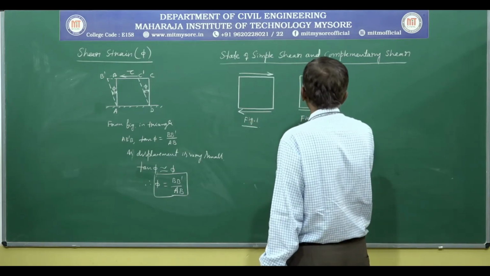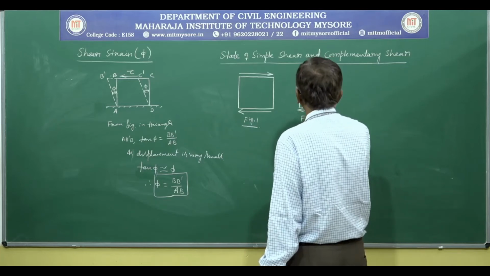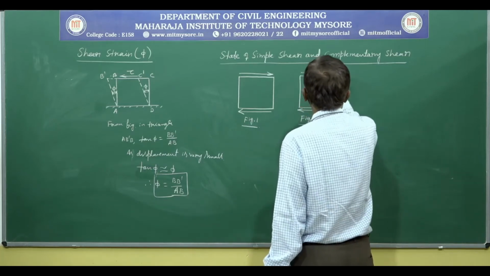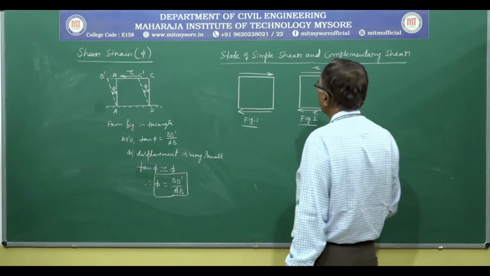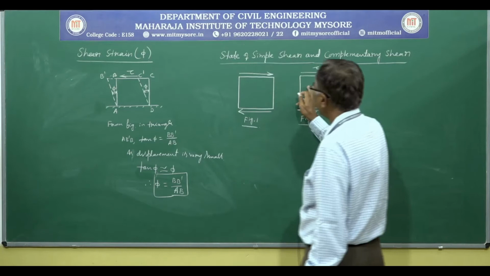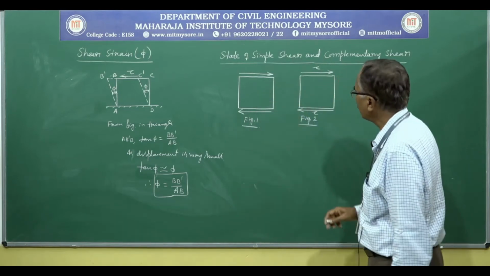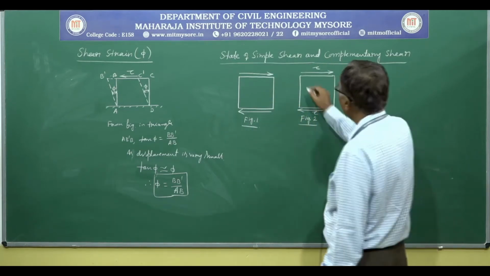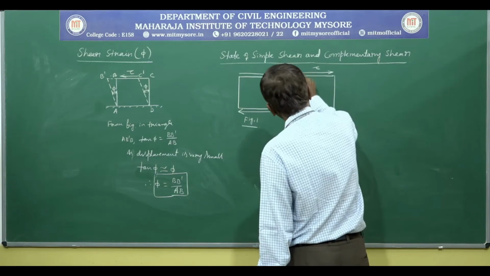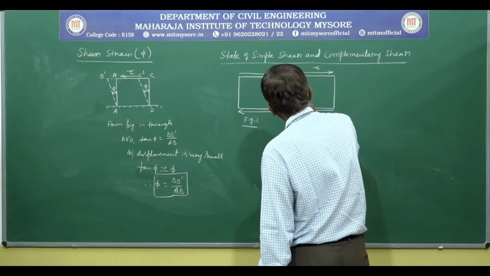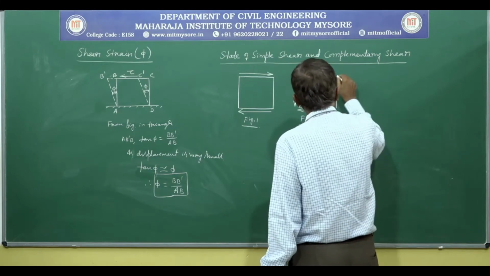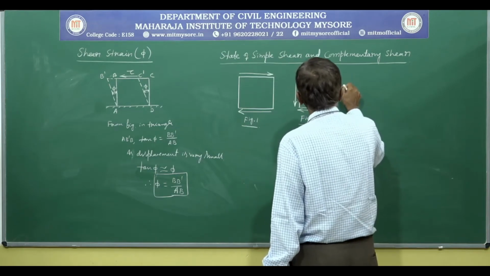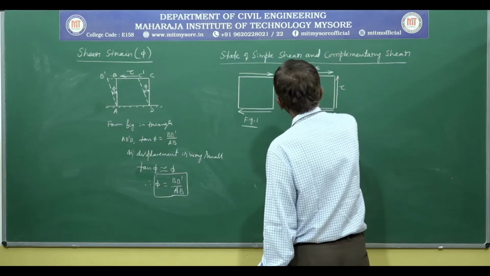Here this block is again subjected to shear stress of magnitude tau on two of its edges, that is, same as that of figure 1. In addition to this, the other two sides of the block are subjected to shear stress of same magnitude.